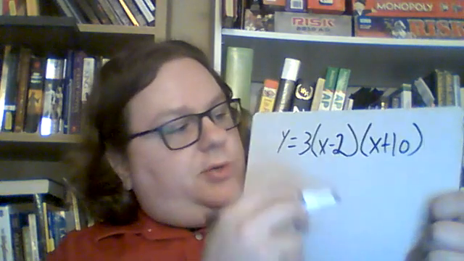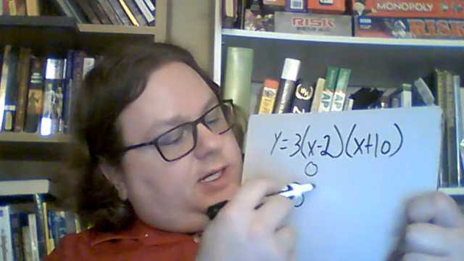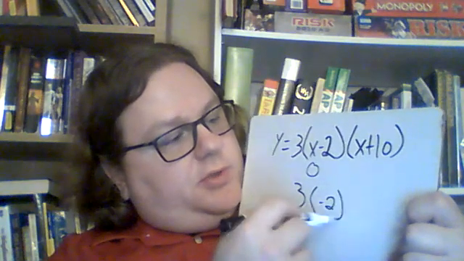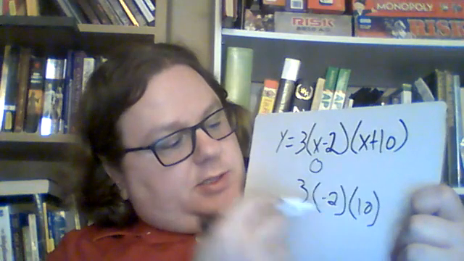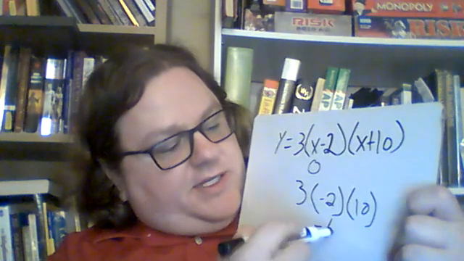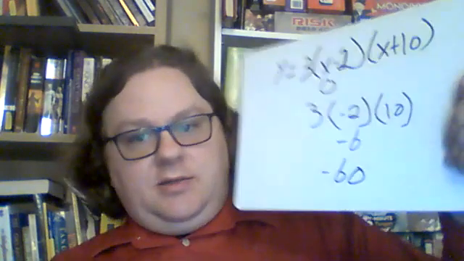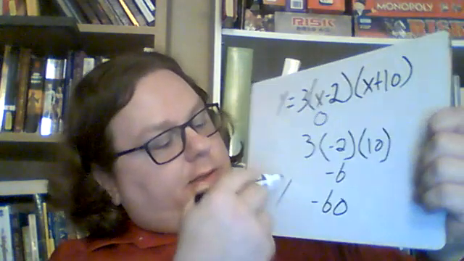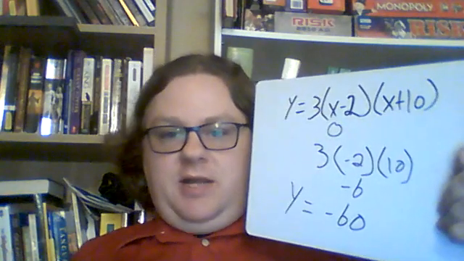So what you do is put in 0 for x. So that's 3 times negative 2 times positive 10. 3 times negative 2 is negative 6. Negative 6 times 10 is negative 60. So y equals negative 60. See, kind of looks a little complicated.